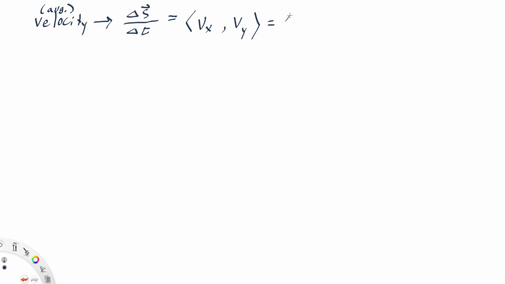But of course, we could also write that as the amount of displacement, or the distance, in the x direction divided by the time, and the amount of displacement in the y direction divided by the time.